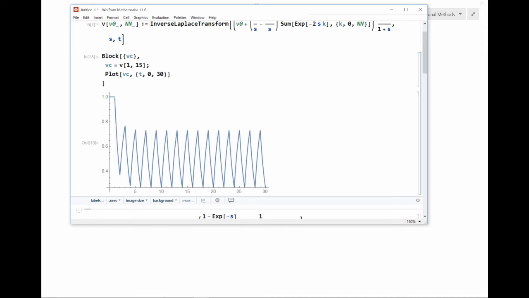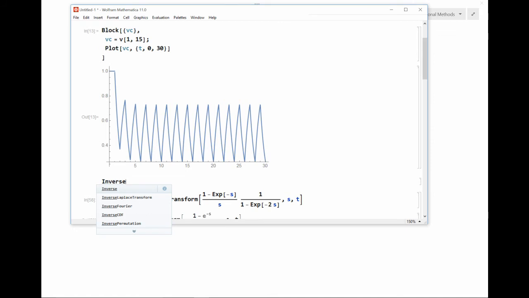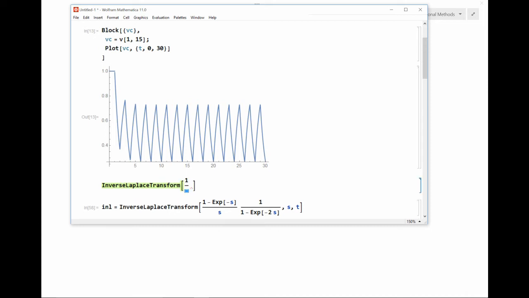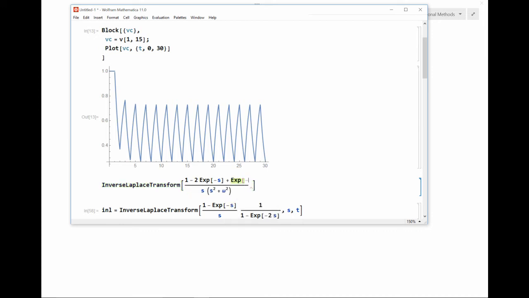So we need the inverse Laplace transform of 1 over s times s squared plus omega squared, and at the top we had 1 minus 2 e to the minus s plus e to the minus 2s.